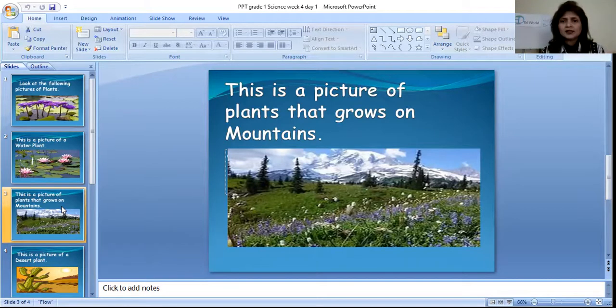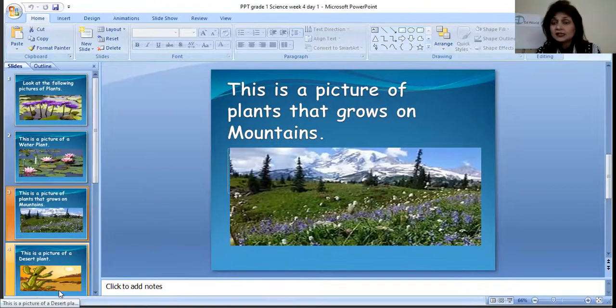Mostly the areas of mountains are cold, right? If you observe, I'll explain later, they have needle-like leaves and they make seeds in cones. We will discuss this when I show you another picture.